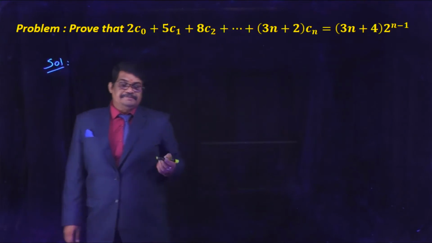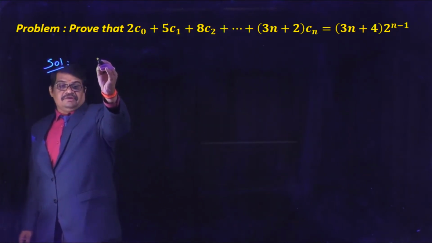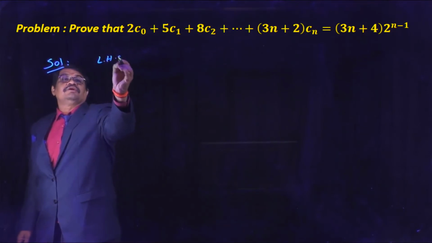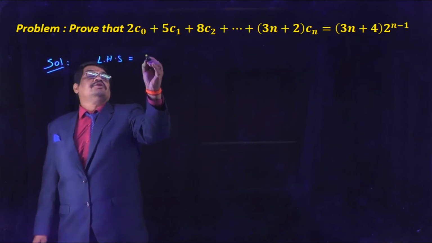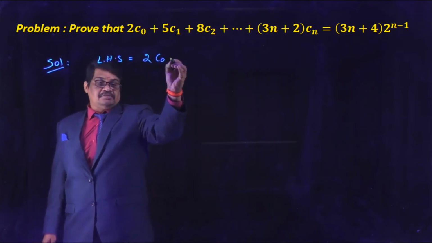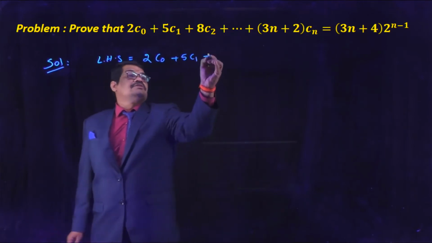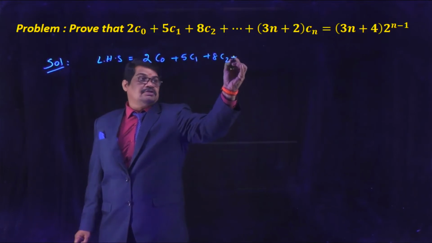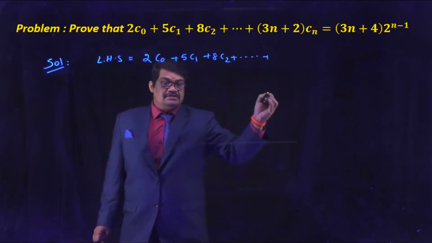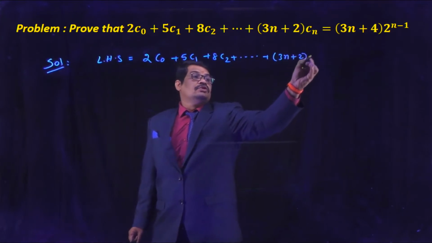We have taken the LHS of our proving result. What is the series given? 2 into C0 + 5 into C1 + 8 into C2 + and so on, plus (3n + 2)Cn.